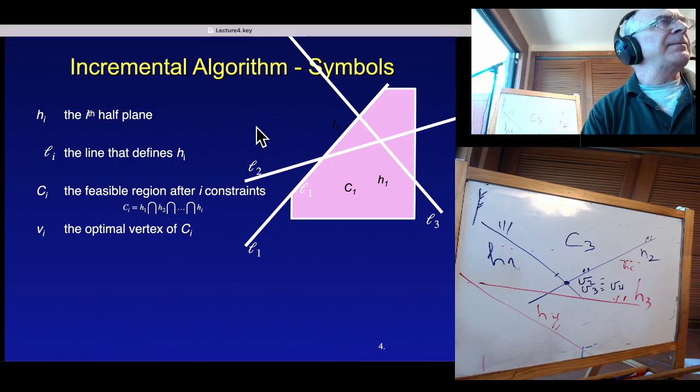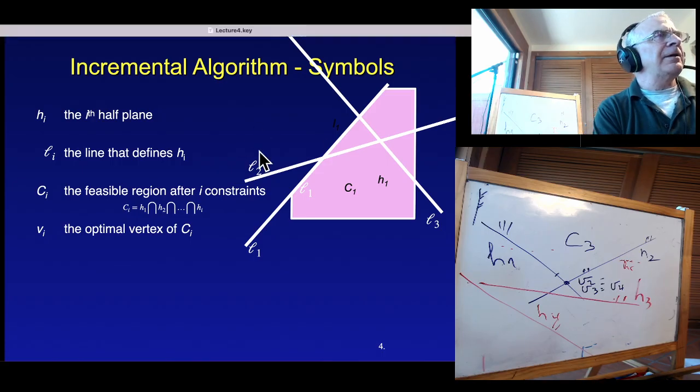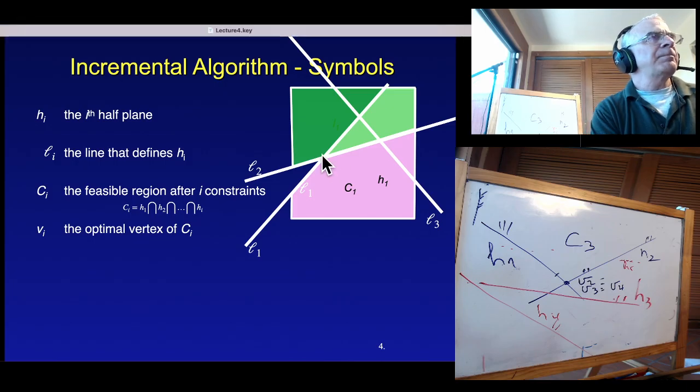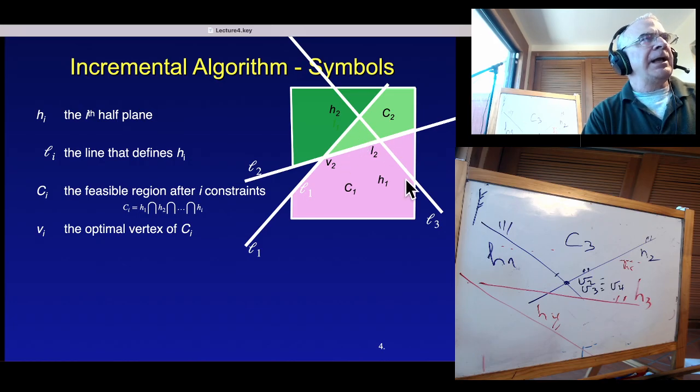Okay, the same goes in our little graph. This point will be V2. I always start with two half planes. So this wedge will be C3. And now I'm adding H3.